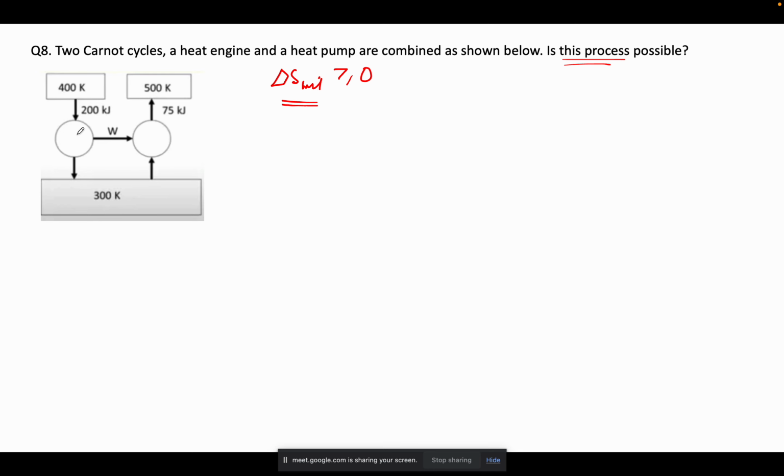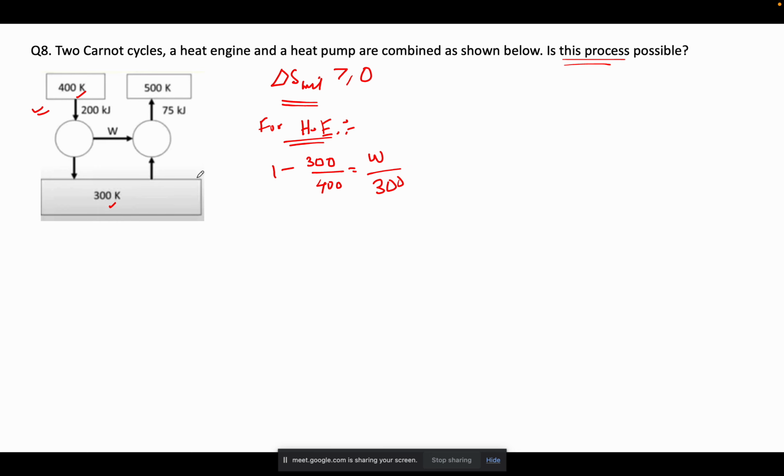So now let us start from the heat engine part. They are telling us it is a Carnot cycle, so I can directly write for the heat engine: 1 minus 300 by 400, sink temperature divided by source temperature, is my efficiency, which is nothing but W divided by 300.